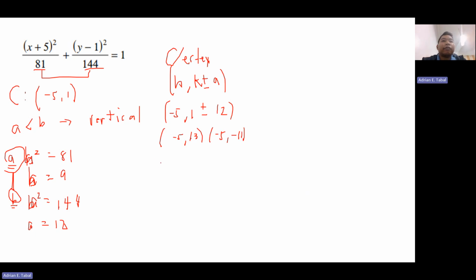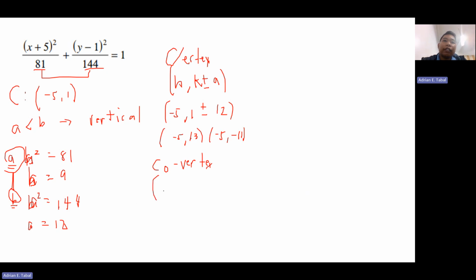This is our vertex. For the co-vertex, we are going to use our minor axis, which is the lesser number, which is 81, b squared. But then again, I just said earlier, I just write A and B for me to familiarize it easily.